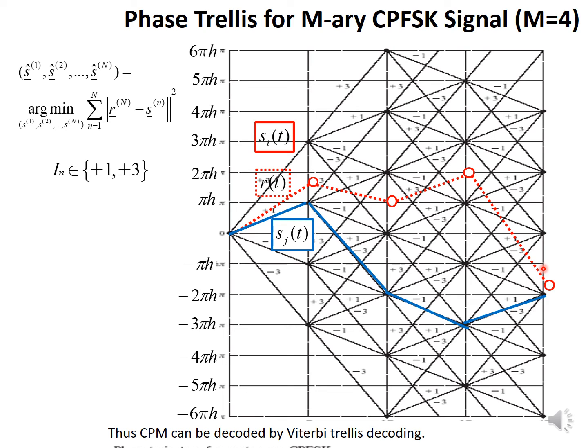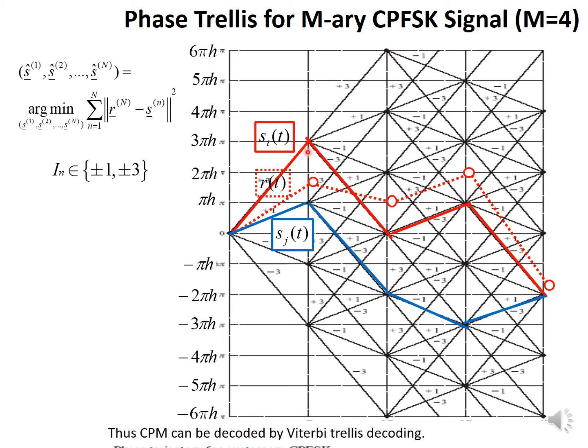Among all the candidate paths, there will be one path that overall has the minimum accumulated path distance from the received sequence.